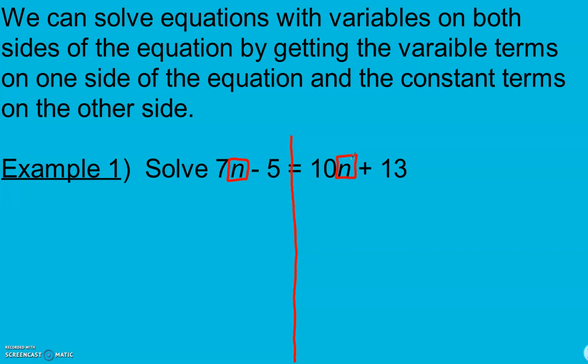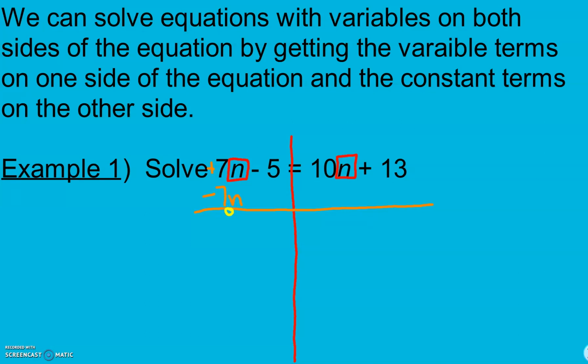I have 7 on the left side, 10 on the right. And since 7 is smaller, that's the one that I'm going to move. So right now I have a positive 7. I want 0 n's on that side. So if I subtract 7n, 7 minus 7 gives me 0 n's. And that's what we hope for.